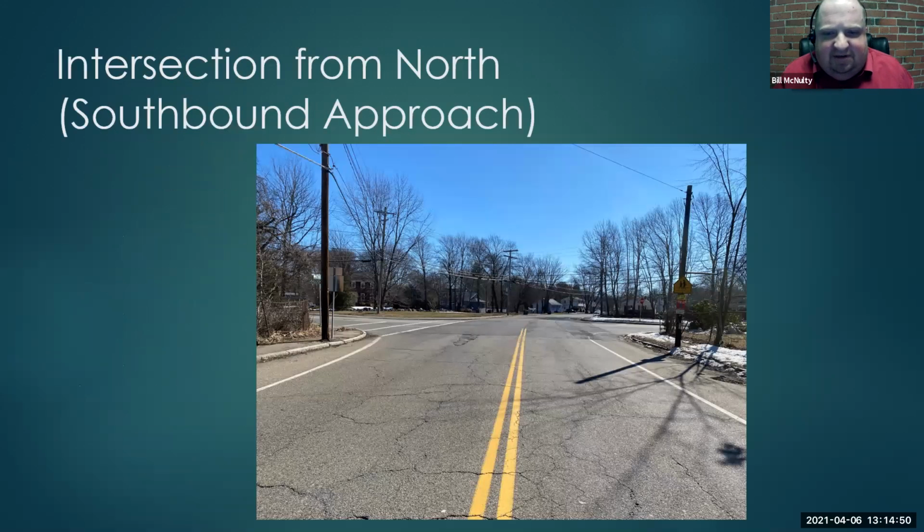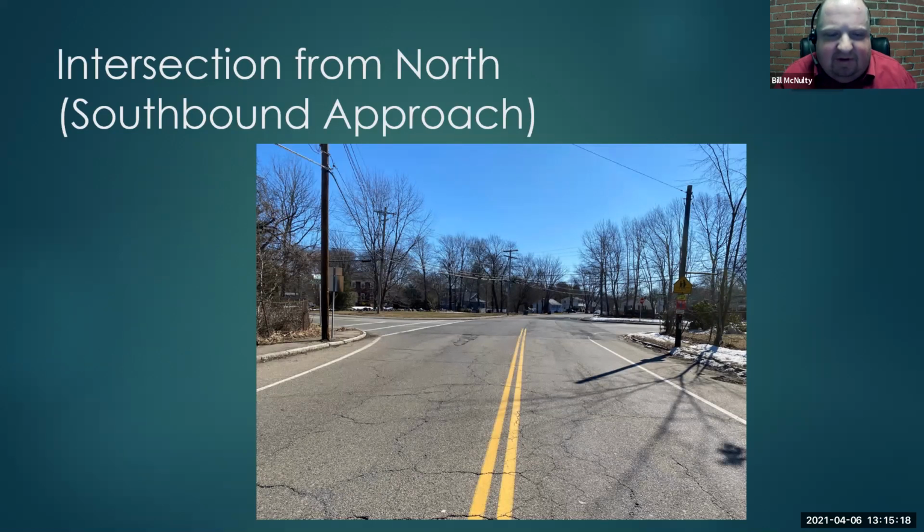So these are just some viewpoints of the intersection. This is looking at the intersection from the north. So looking southbound on 139, this view doesn't do a great job at pointing out the geometry, but it is a very skewed geometry.